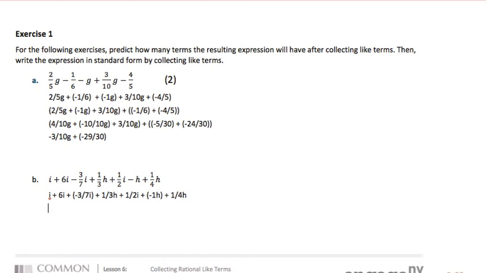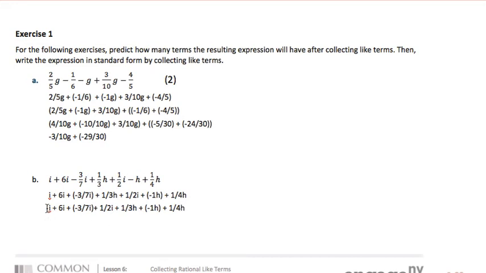Collecting like terms, we'll have i plus 6i plus negative 3/7 i plus 1/2 i, and then we'll add the h terms: plus 1/3 h plus negative 1h plus 1/4 h.